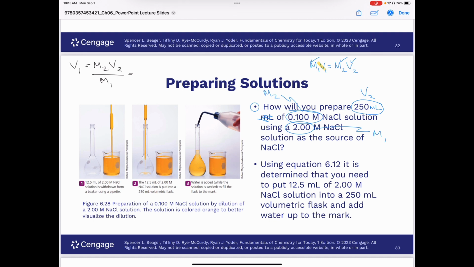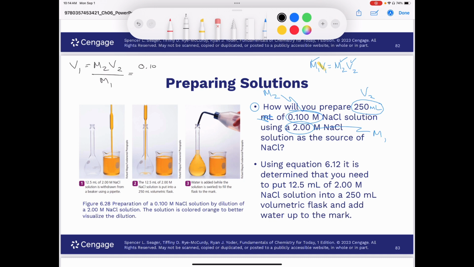And so if we take our M2, which is our 0.100 molar, and we multiply that by our V2, 250 milliliters, and we divide that by our M1, which is our 2.00 molar, you can see that the molarity cancels out.